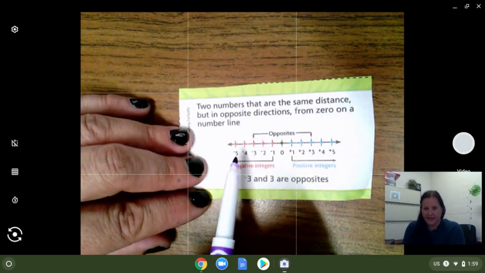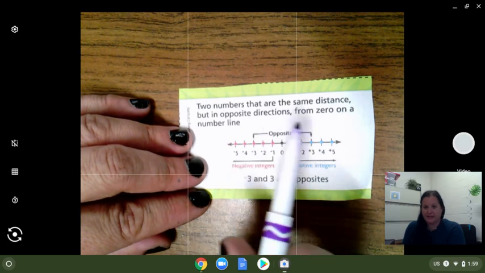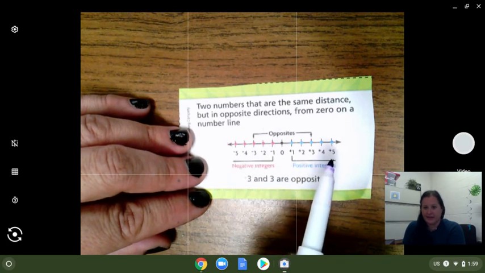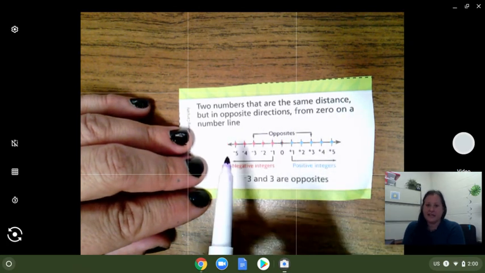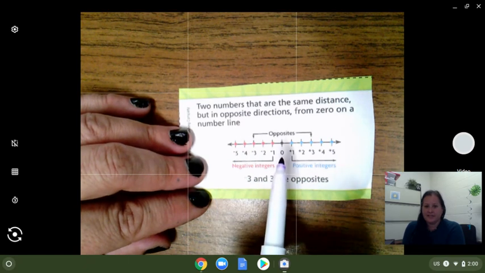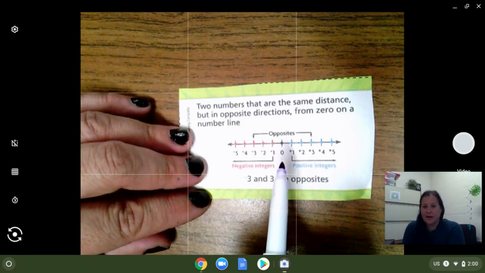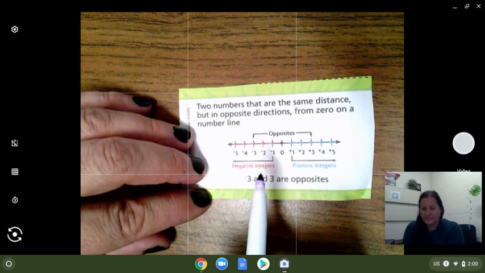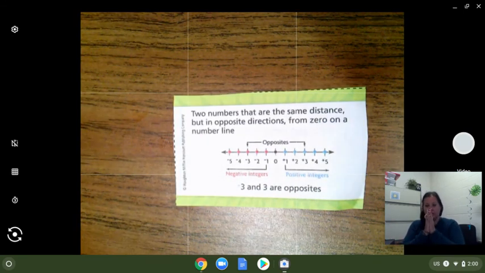So here we have negative 5. The opposite of negative 5 is a positive 5. Opposite of positive 5 is a negative 5. Notice 0. 0's opposite is 0. So it folds right onto itself. If you were to take this and fold it, 0 would be right here where my hands hit together, and it just folds on itself. So 0's opposite is 0.